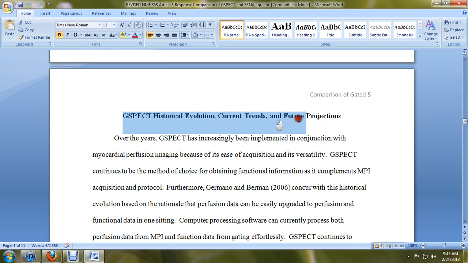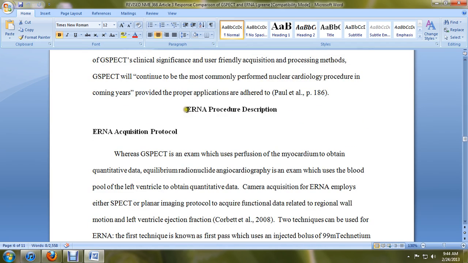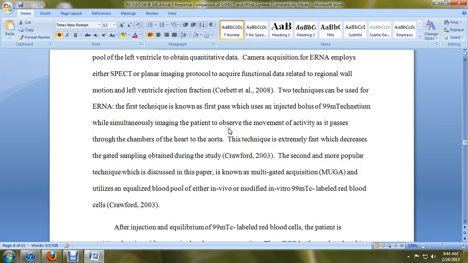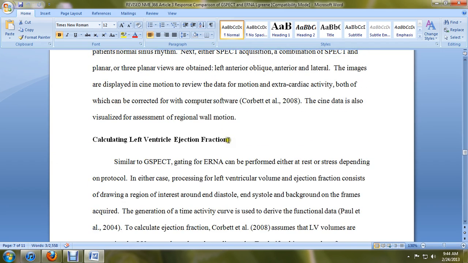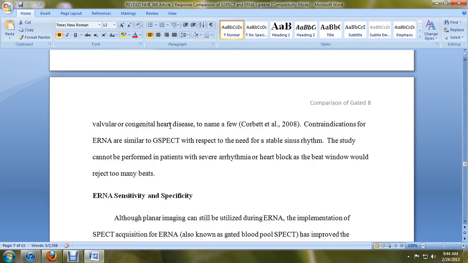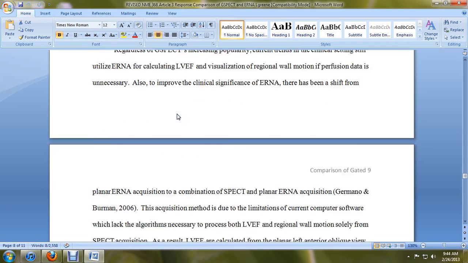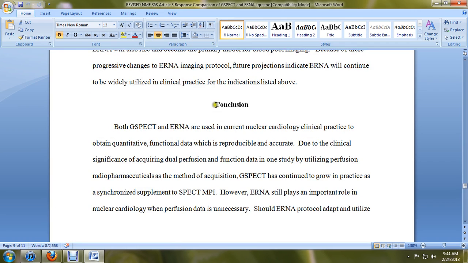And here is another level 1 heading. So this is basically another thesis idea within my paper. And another level 1 heading, so this would be my third thesis idea with a level 2, level 2, level 2 again, level 2, and another level 1, and then my conclusion.